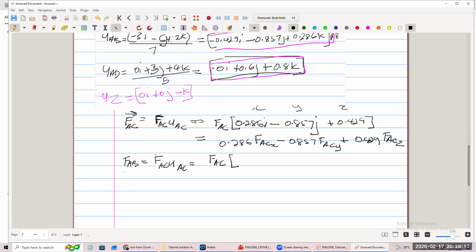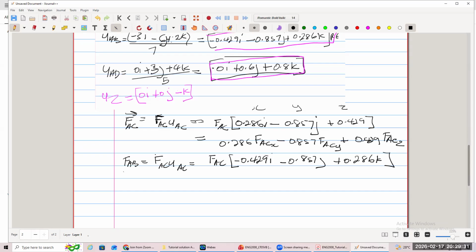So the unit vector would be minus 0.429 i, minus 0.857 j, plus 0.286 k.